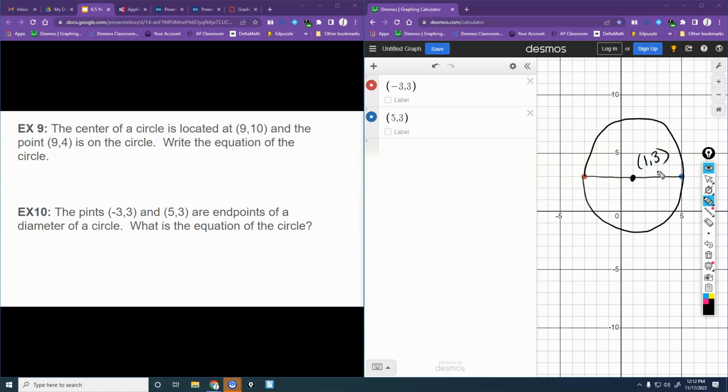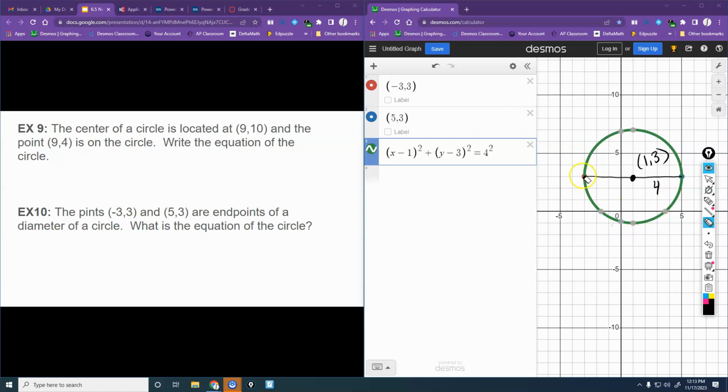What's the radius going to be? Right here. That's 4. So my equation should be x minus 1 squared plus y minus 3 squared equals 4 squared. And you can see I'm going to erase my ugly circle now.